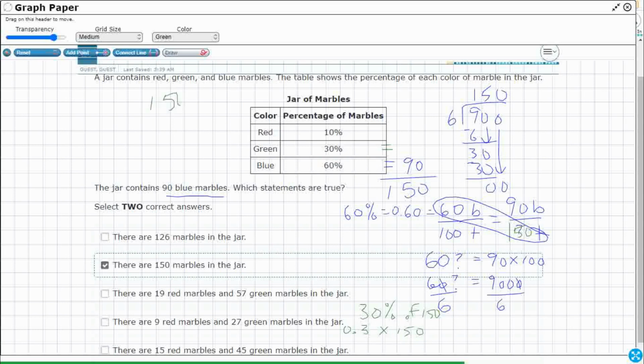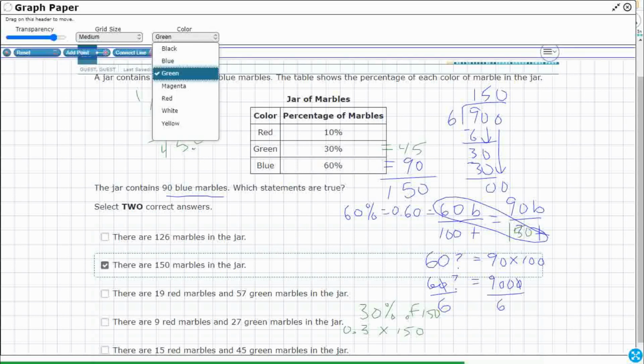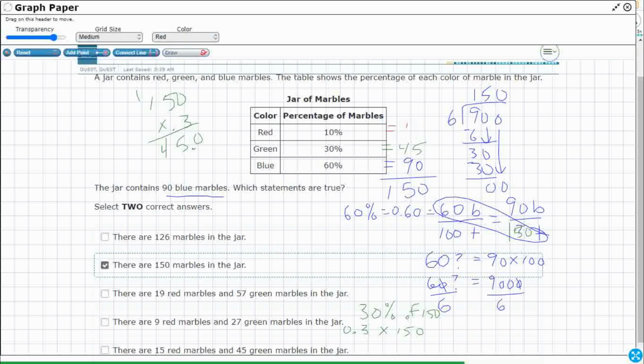Let's do that up here. 0.3. And that's going to be 45. And then if I'm going to do 10% of 150, right, that is going to be, just move the decimal over, that's 15. Right, so if we add those three, that is going to get us our 150.